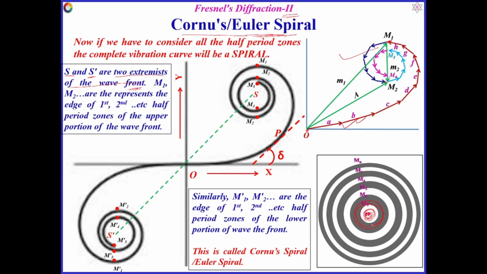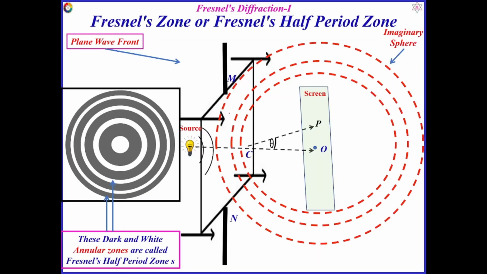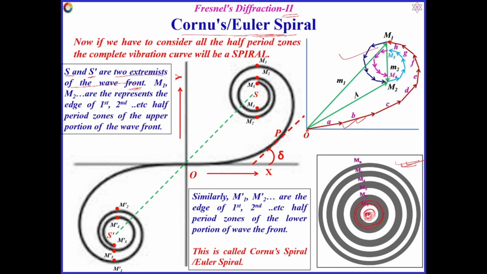and its corresponding strips. If I consider the entire wavefront, this plane wavefront passes through the slit M and N. According to Fresnel, this plane wavefront is considered as Fresnel half period zones, and each zone is further subdivided into strips.